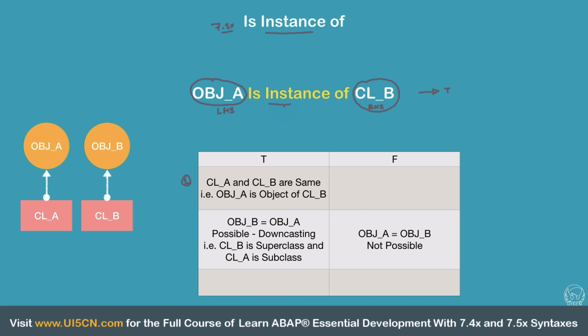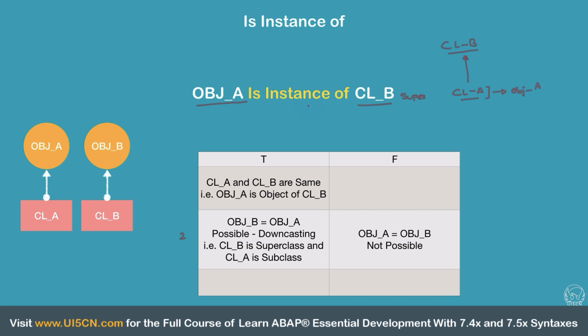The second scenario is where you have CL_B as a superclass, and the object on the left hand side is created out of one of its subclasses. So CL_B is the superclass, and CL_A is the subclass inheriting from CL_B, and out of CL_A you are creating an object obj_A.